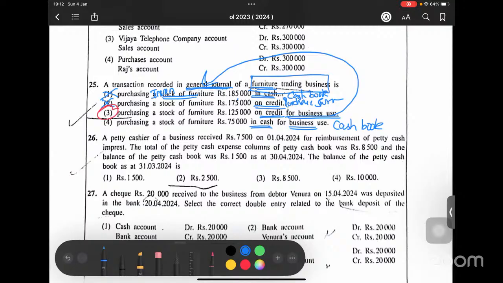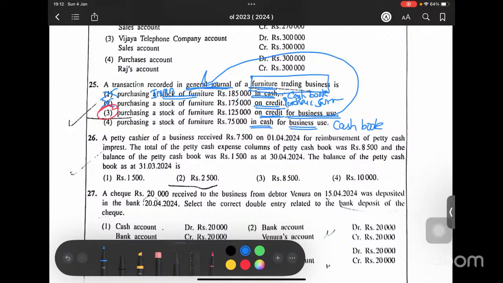26th question. A petty cashier of a business received 7,500 on 1st 4th 2024 for reimbursement of petty cash. The total of the petty cash expense columns of the petty cash book was 8,500 and the balance of the petty cash book was 1,500.